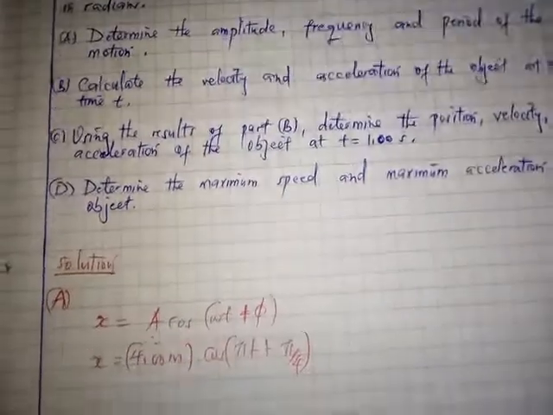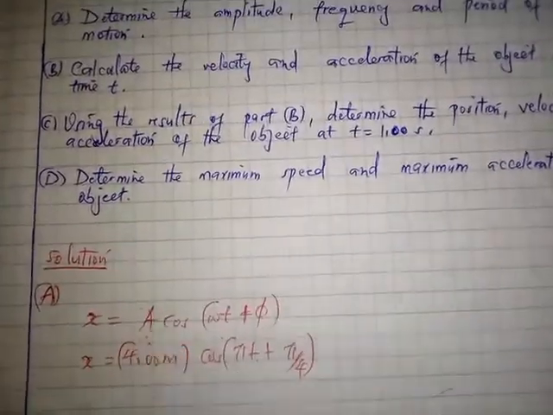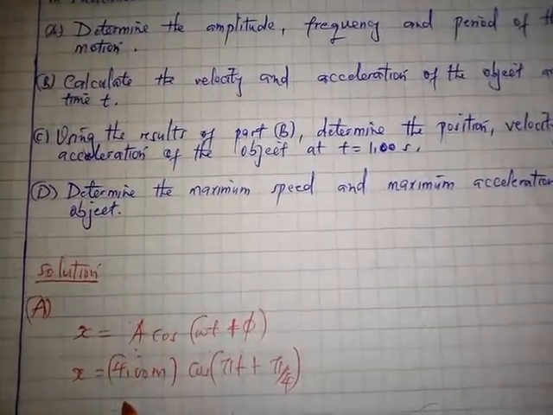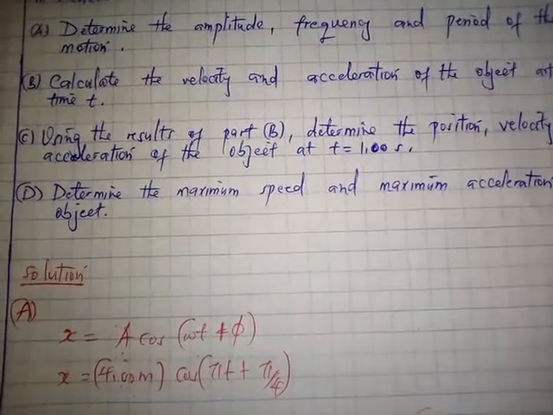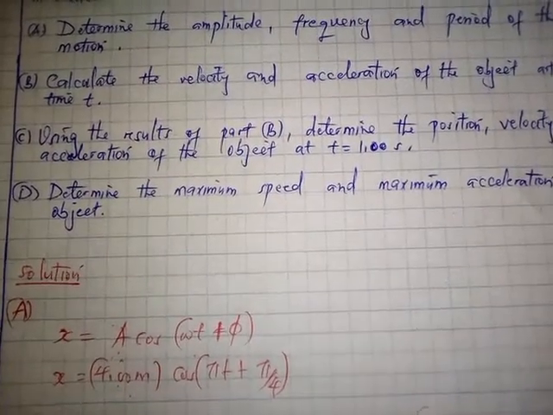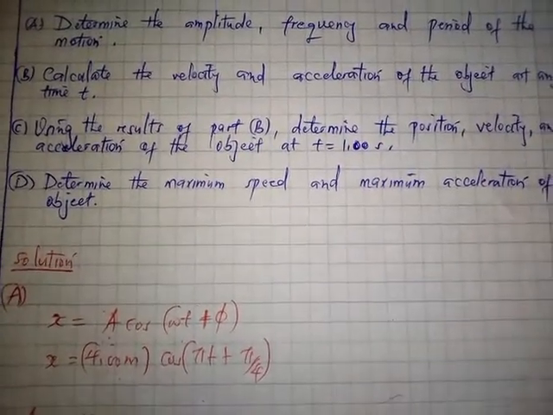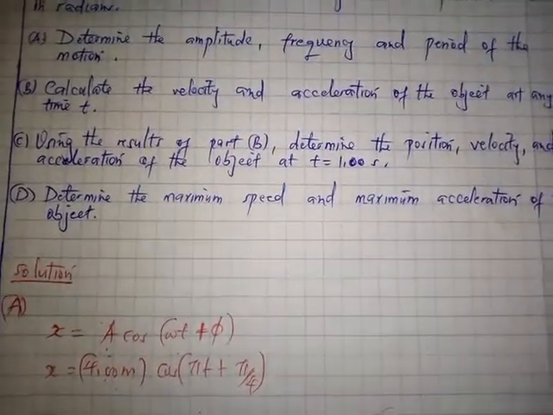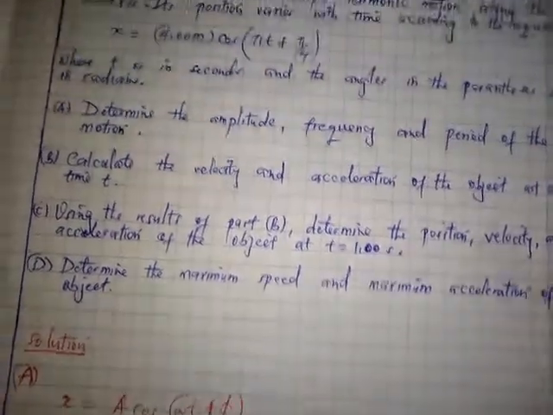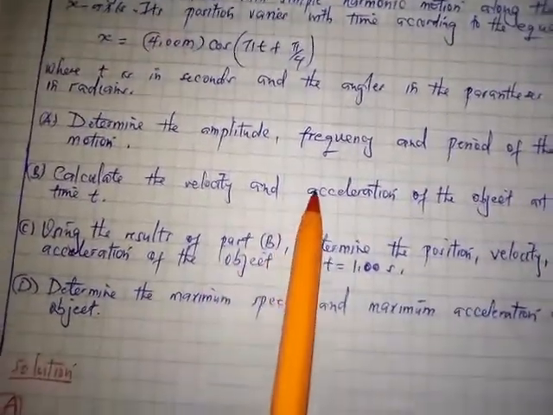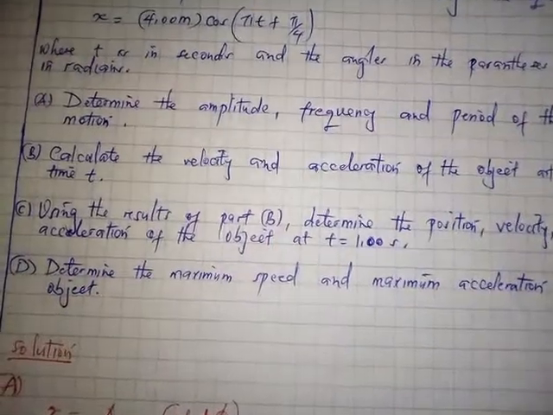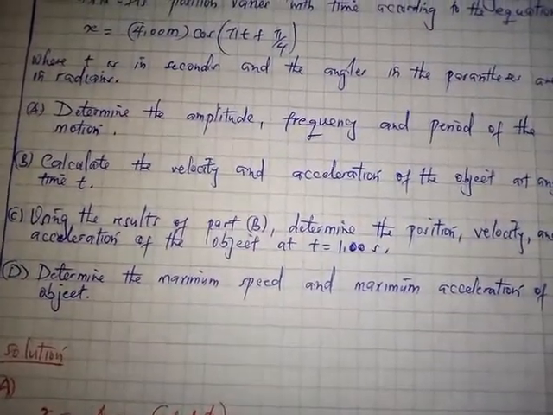It's just like matching. The amplitude A is equal to 4.00 meters, and omega is equal to π rad/s.